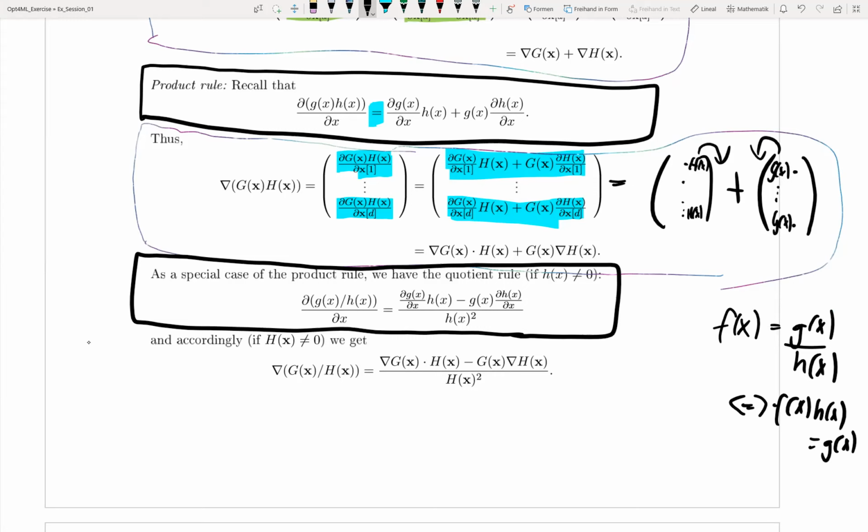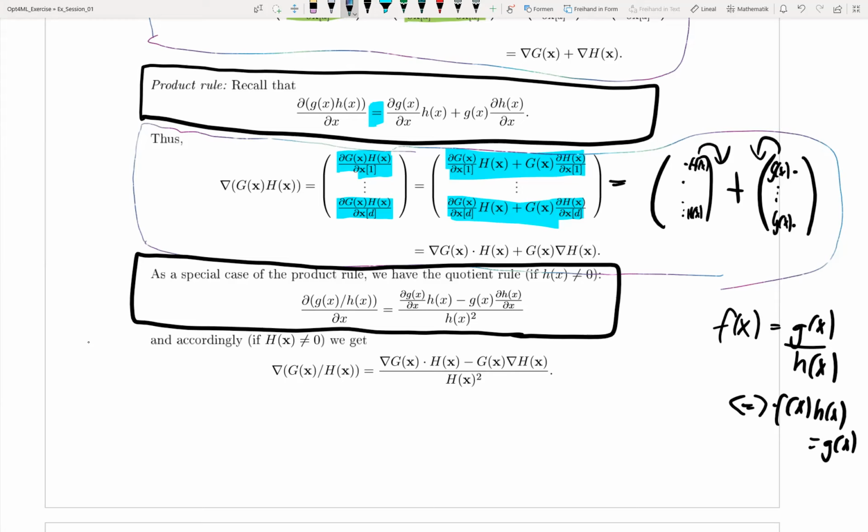And what we see here on the quotient rule is, in the numerator, we have the derivative of g multiplied with the function h as it is, and then minus g as it is times the derivative of h, and divide the entire thing by h of x squared. And here you see why we need to require that h of x is not zero, because otherwise this is not well defined. Dividing by zero is not well defined.